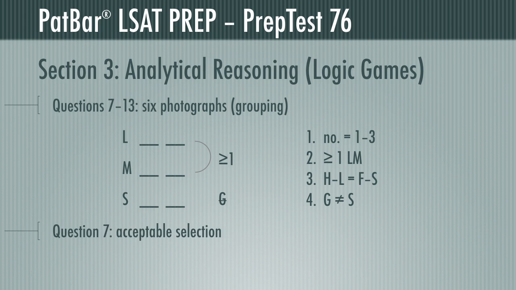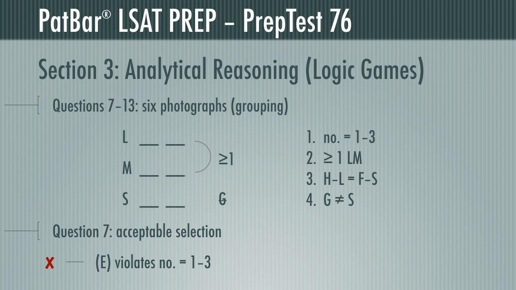Question 7 wants an acceptable selection of photographs. As usual, we want to eliminate, and the ones that stand out go first. A, for example, cannot be right since Gagnon cannot appear in the sports section per Rule 4. E cannot be correct since no one can have more than 3 photographs. How about D? Can't be. Look at Rule 3.